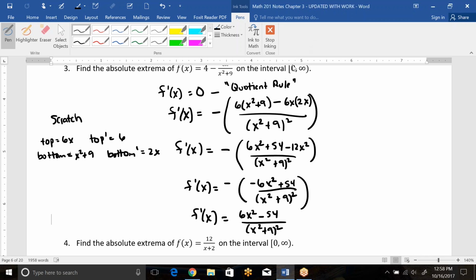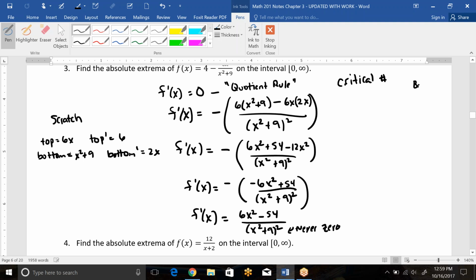When you're dealing with derivatives that have x's on both top and bottom, and you're talking about critical numbers, your critical numbers have to come from anything that makes the top 0 or makes the bottom undefined, as long as it's not undefined in the original function, because then that's not going to cause anything to happen. The bottom is never 0, because you're going to square something and then add 9 to it and then square it again, so you're always going to be positive.